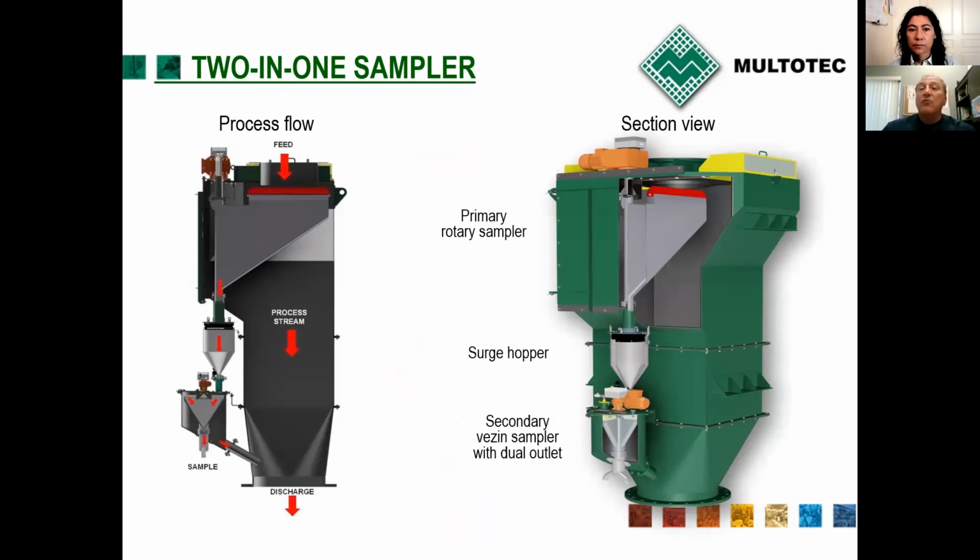The reservoir here is designed by our specialists to ensure that we are not losing any material. That material goes down to a secondary sampler that cuts it a second time, to ensure that the quantity delivered at the end is the quantity required as per the theory of sampling.